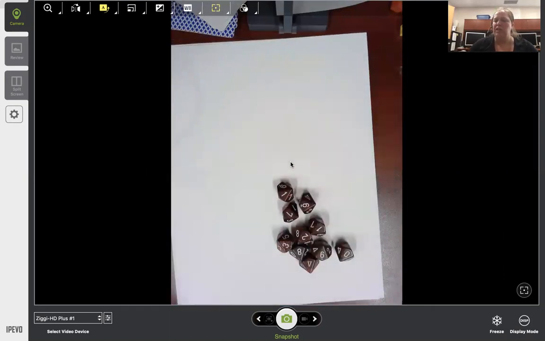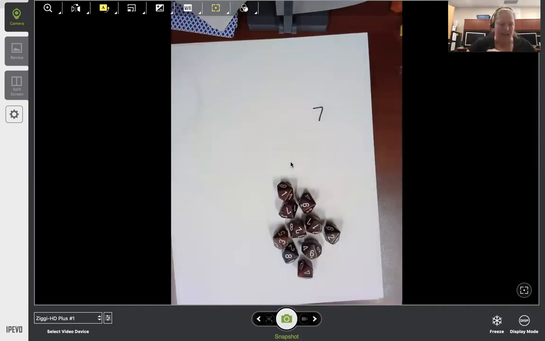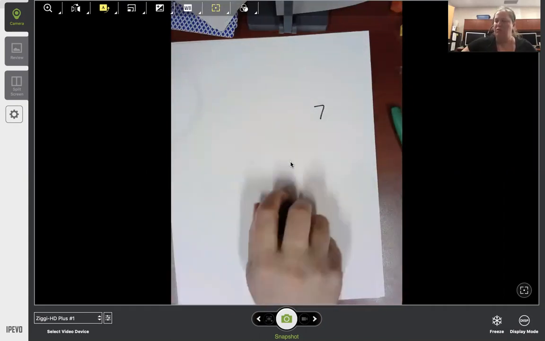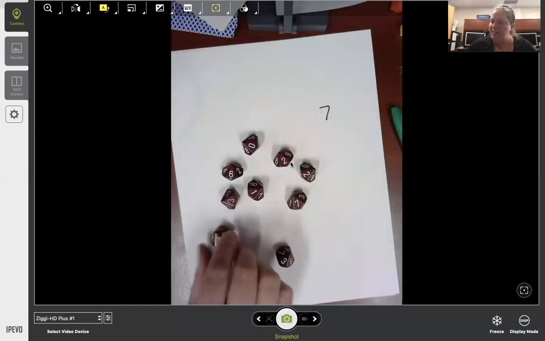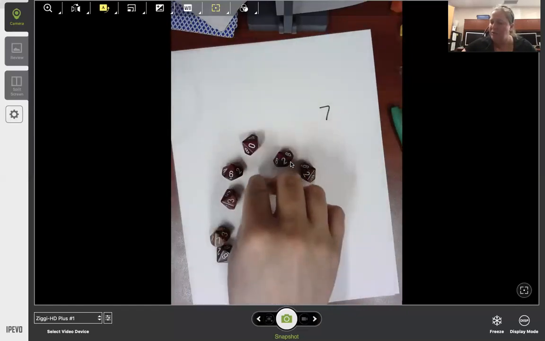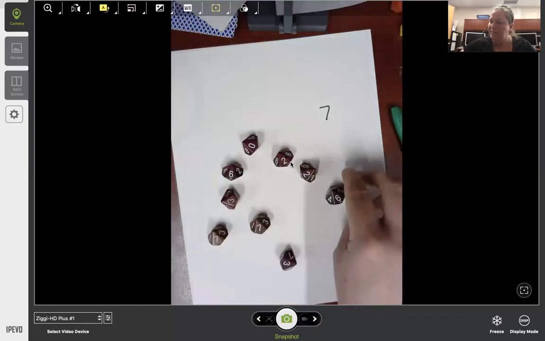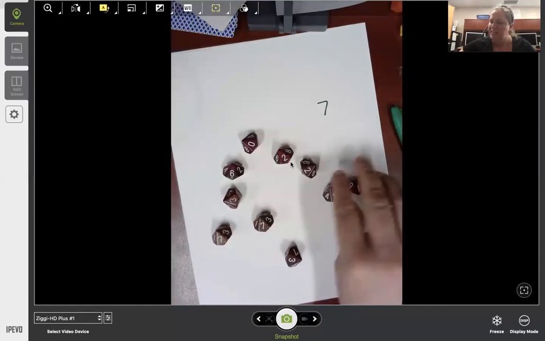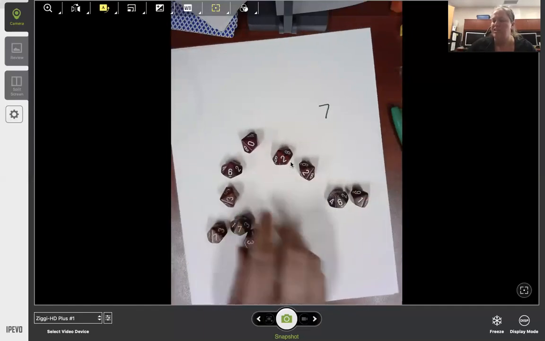Let's say you pick the number 7, and then the student rolls the dice, and they try to find numbers that would make 7. So here I have a 6 and a 1. And I could put those together to make a 7. And then I would look for other combinations.